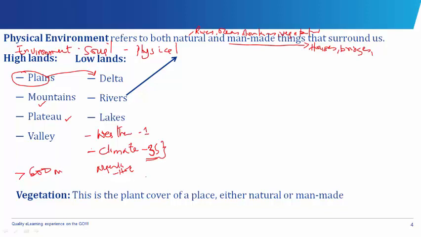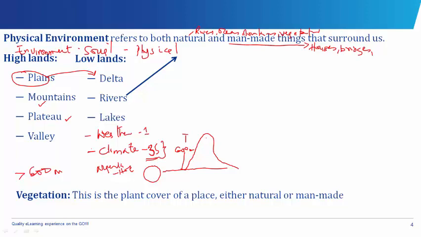When I say above sea level, we understand that water all over the world is assumed to be on the same level. Okay, so if this is the normal sea level, if you have any highland greater than 600 meters above the level of the sea, we call that a mountain.